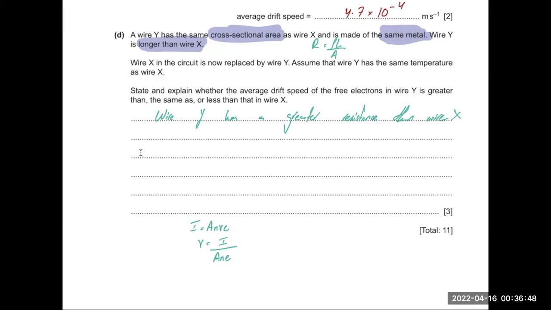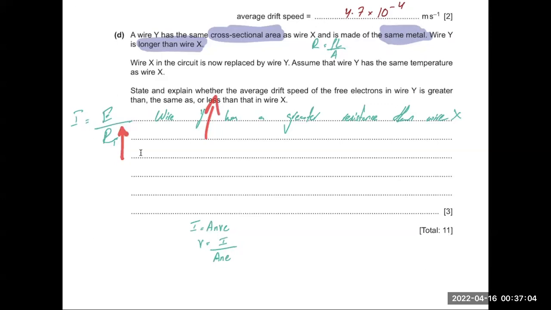Because wire Y has a greater resistance, we know that the current depends on the EMF divided by the total resistance. So the resistance of wire Y has increased, so the total resistance of the circuit has increased.